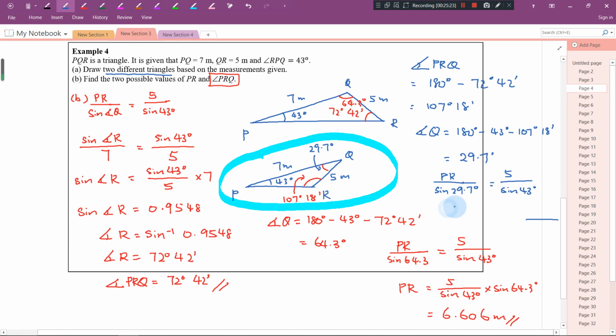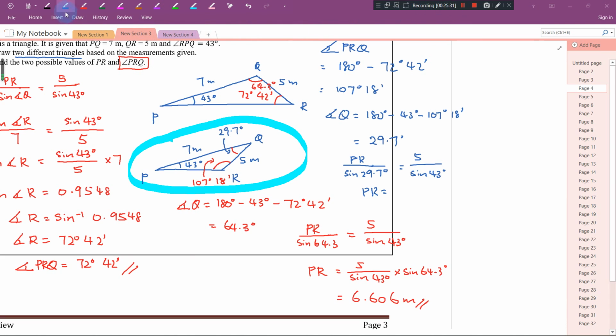Okay, so now PR is equal to, let me erase this one first, five over sine 43 degree times sine 29.7 degree.